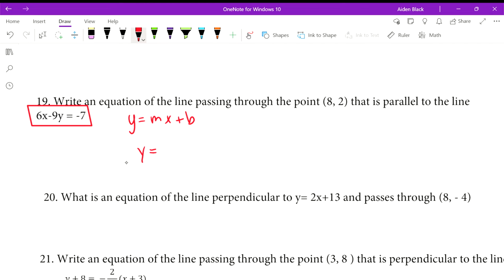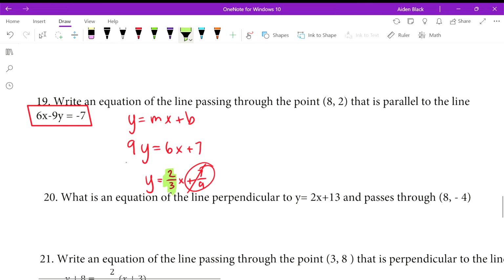So I get 9y is equal to 6x plus 7, and then divide both sides by 9. 6 divided by 9 will reduce to 2/3. And then 7 divided by 9 is 7/9. This is actually really negligible here because we're really looking at the slope of the original line.